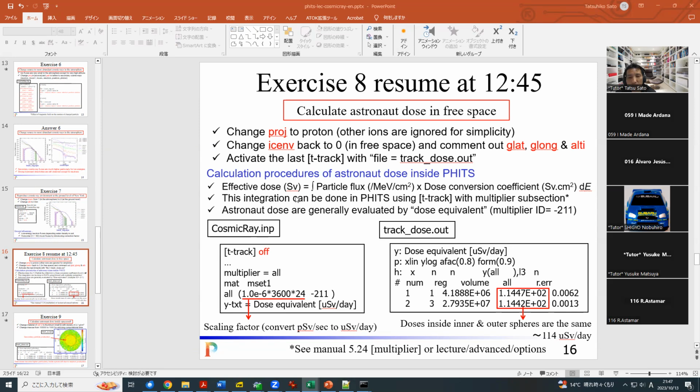Okay, so let's change these and run FITS and check out the track underbar dose dot out file and check these two numbers.